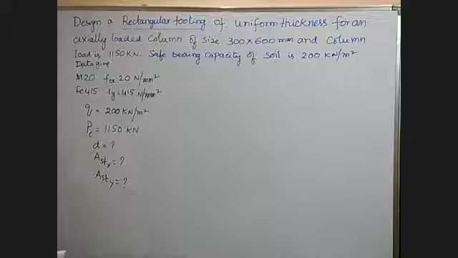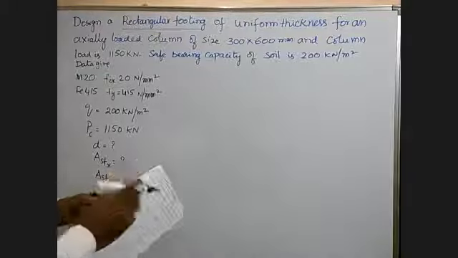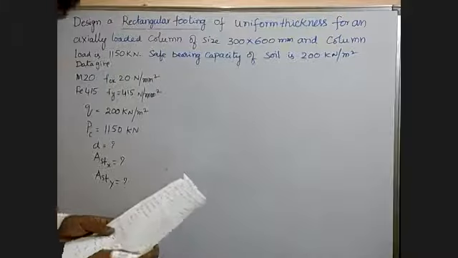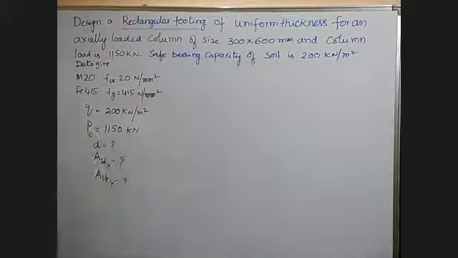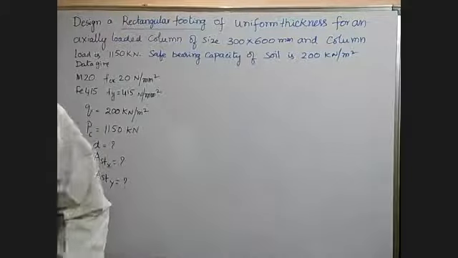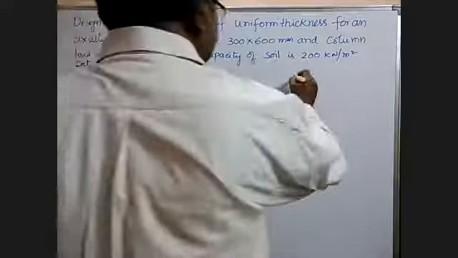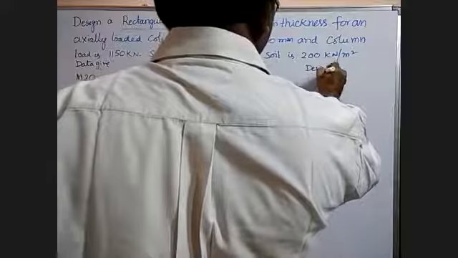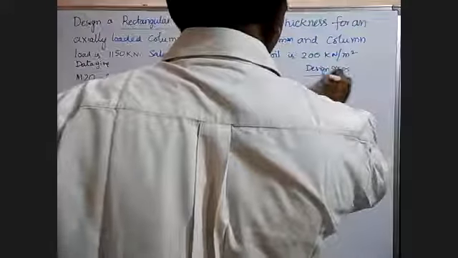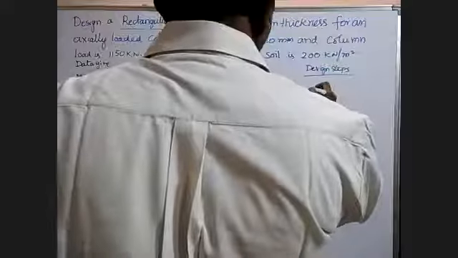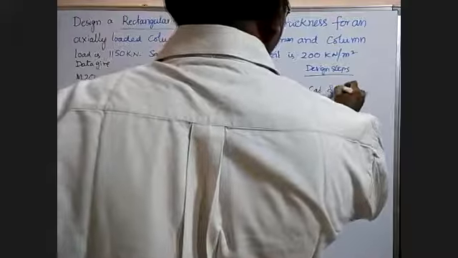Now for the design of the footing, there are some design steps here. We will see one by one. I'll write it here. See, for the design steps, the first step is calculation of total load.